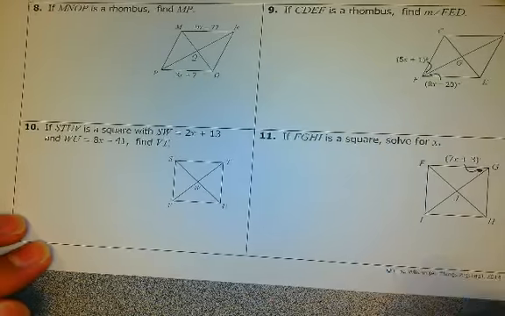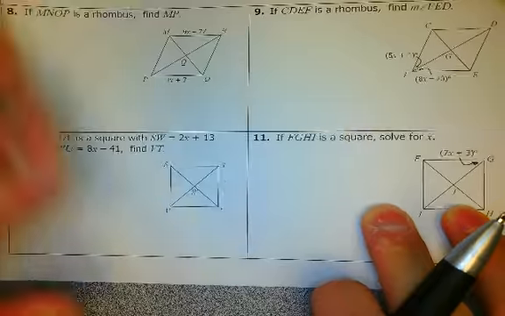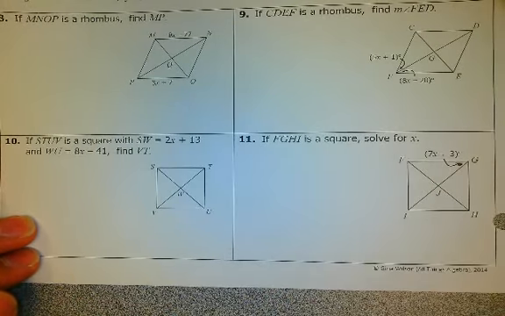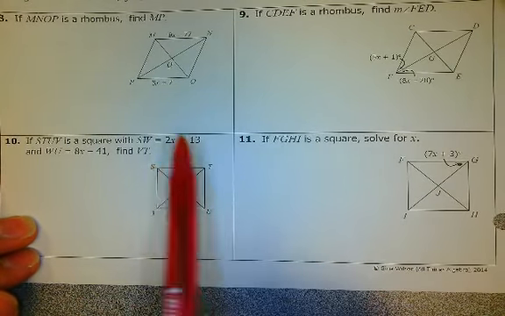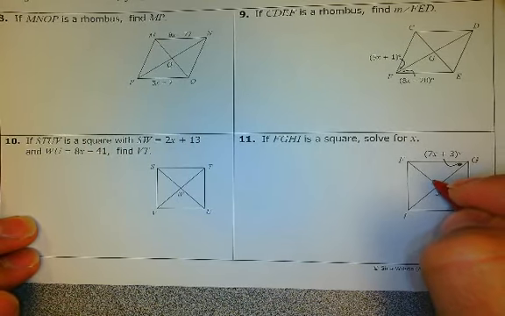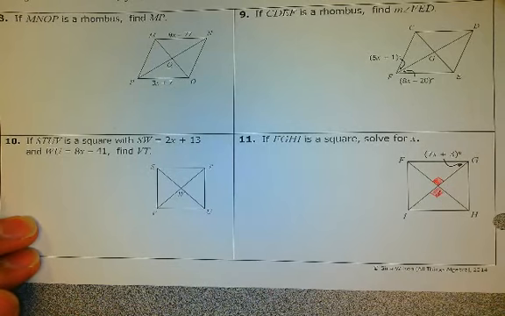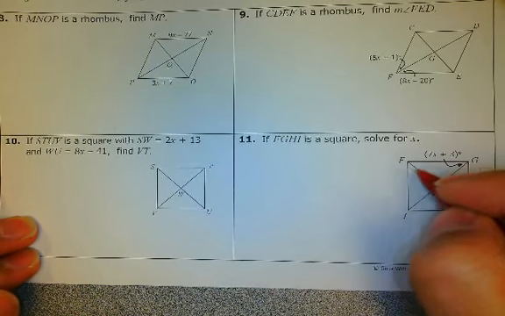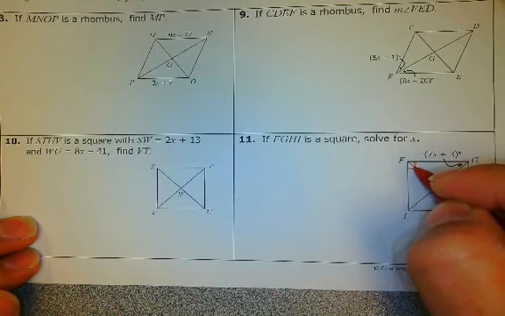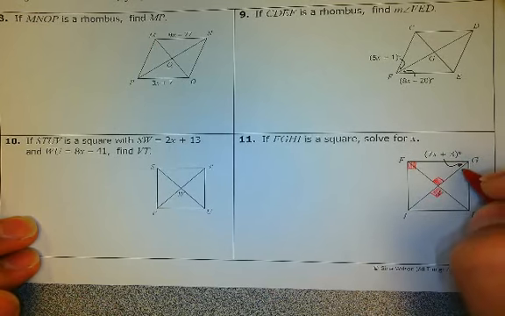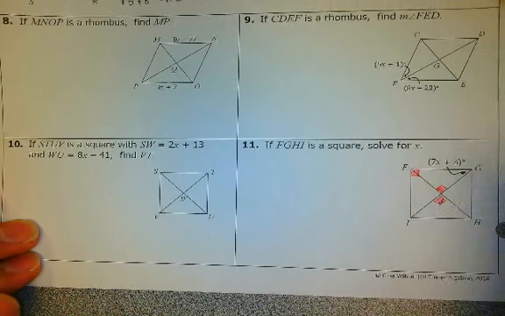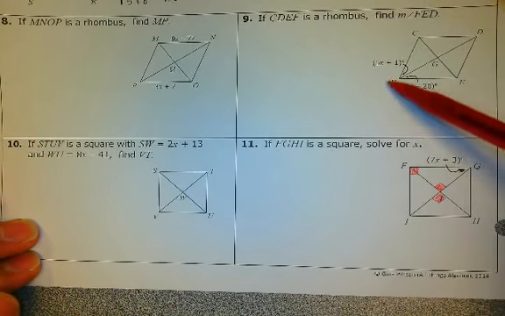Okay, just a few quick things that we need to label. Remember, from problem number 7 up here, the angles in the middle are 90 degrees. And then we know that our corners are also 90 degrees, but the corners are bisected by the diagonals.